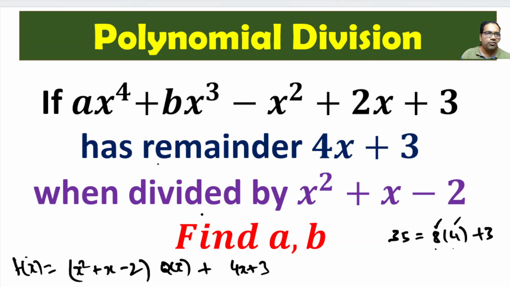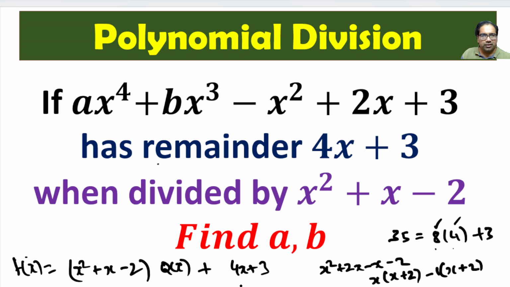Now, if you closely observe, what is this x^2 + x - 2? We can write it as x^2 + 2x - x - 2. This becomes x(x + 2) - 1(x + 2).